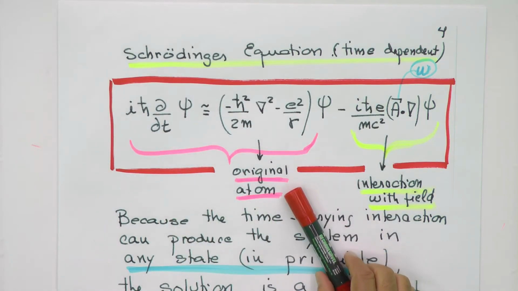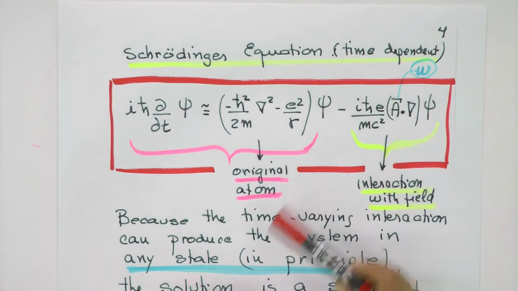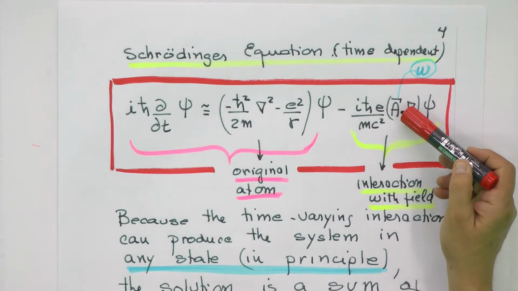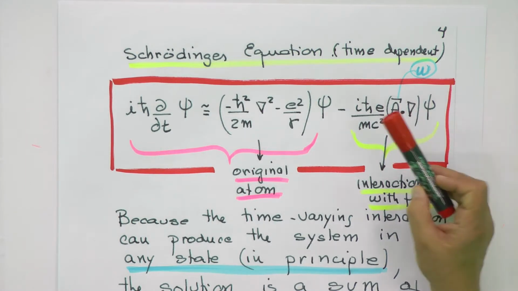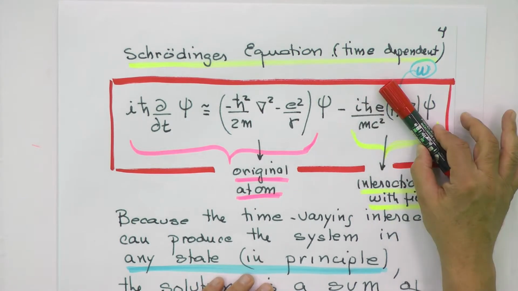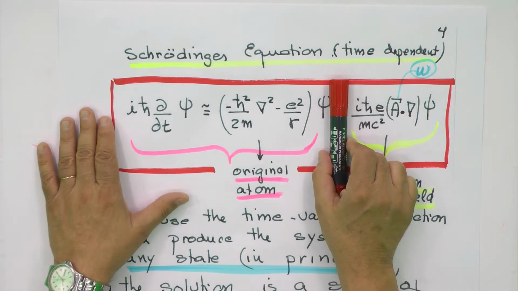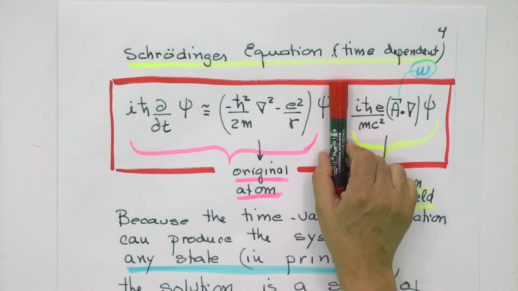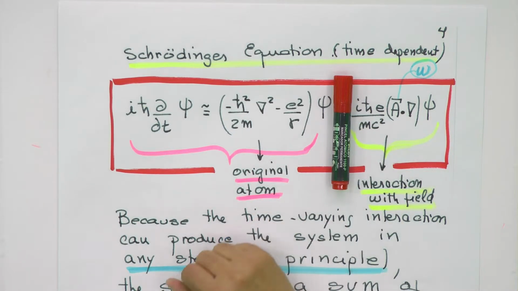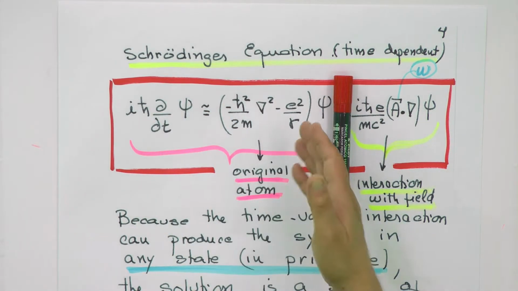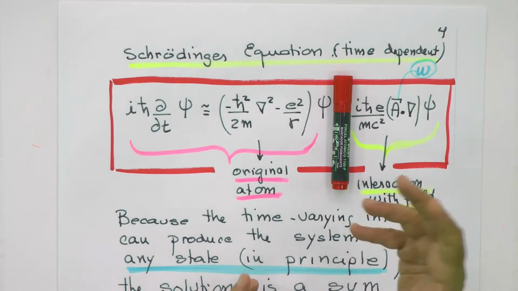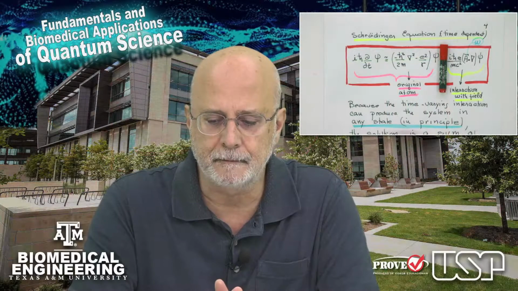So if you don't have any interaction, if you don't have the vector potential, meaning absence of light, then this gives us the solution of the conventional atomic system. We have the electron bound by the Coulomb potential.